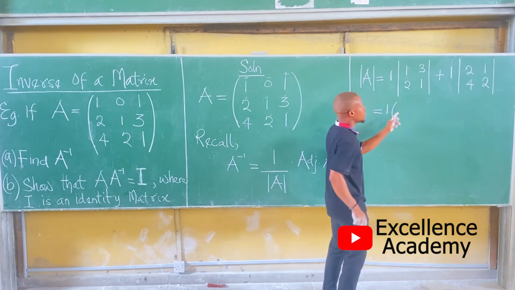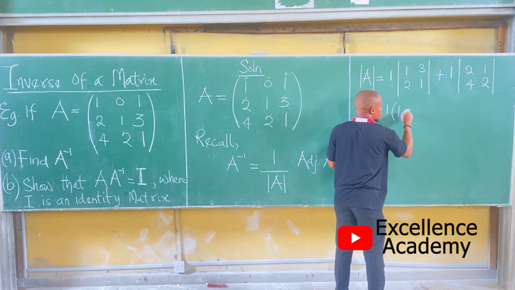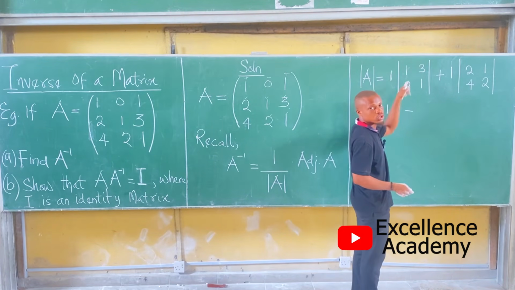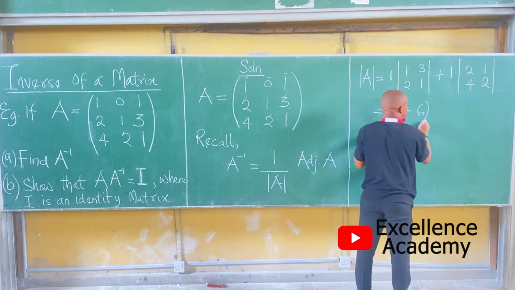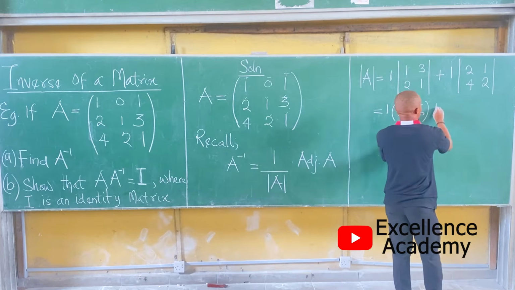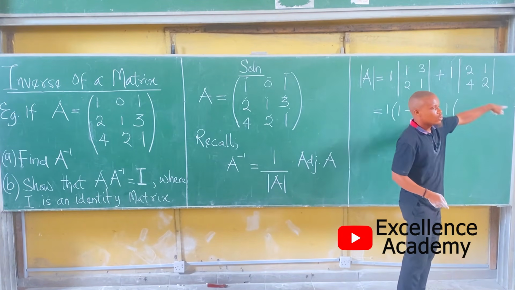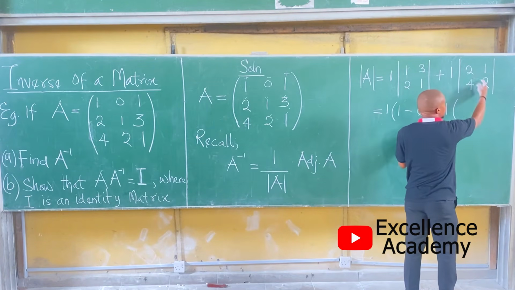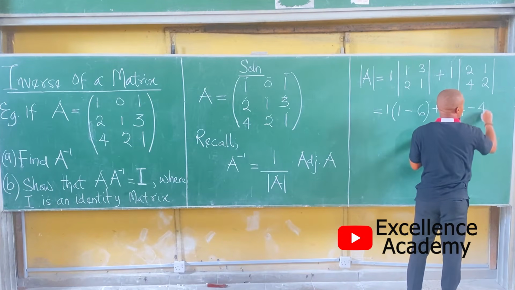1 bracket product of what? Leading diagonal, 1 times 1, 1, minus the product of what? Your second diagonal, 2 times 3, 6. Plus 1 product of your principal leading diagonal, 4, minus the second diagonal, which is what? 4.